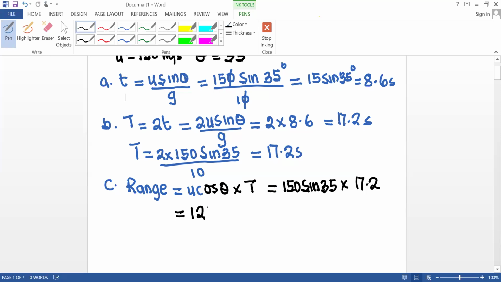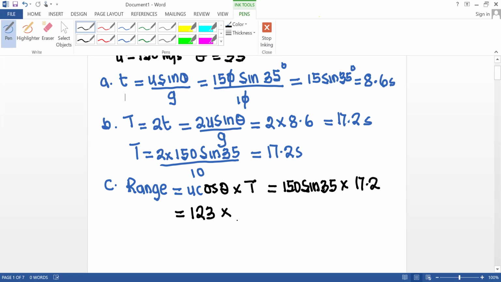Is that correct? Class, is that correct? Hello, can you hear me? Yes, please. It's approximately 123, correct? Yes. So it's supposed to be tan 35 or cos 35. Yes, theta is 35.